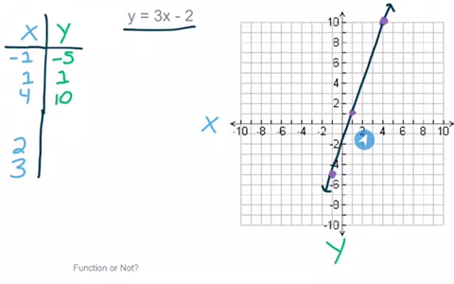It hits the line. I'll use orange just to make it different. So that's my point, 2, 4. That would be this point right here.